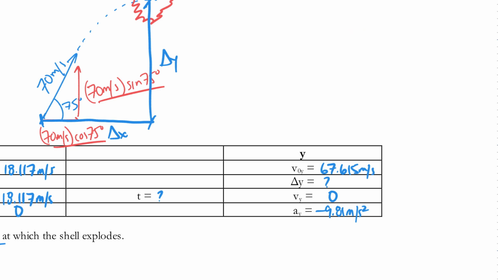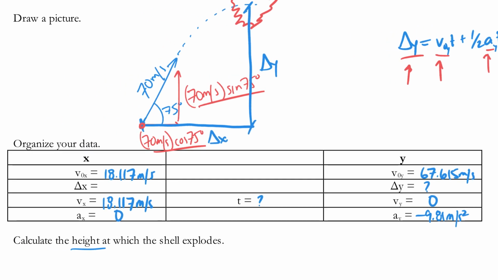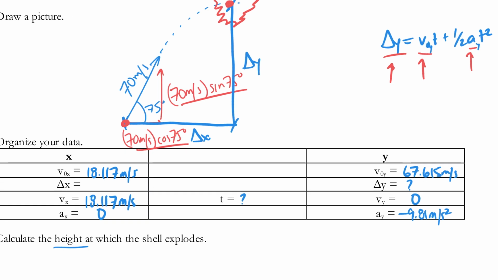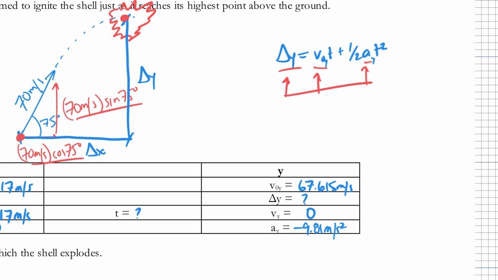And it's only going to happen in the Y direction for these types of problems. You have to have all three of these elements for it to happen. AY, that's why it only happens in the Y direction. We do have an AY, an initial velocity in the Y direction, and a delta Y. If I'm going from this point to this point, this equation is going to give me a quadratic.